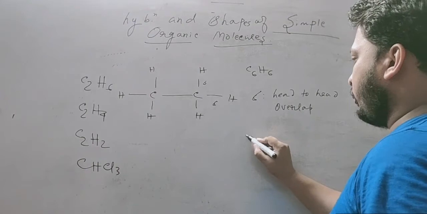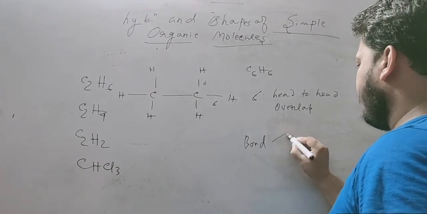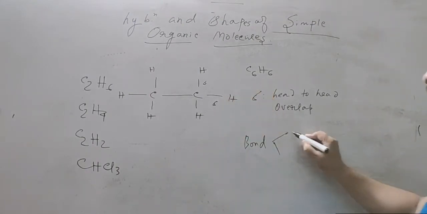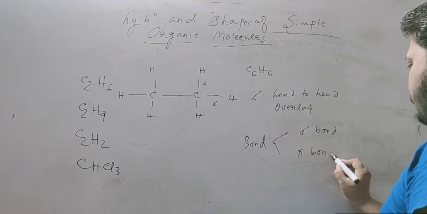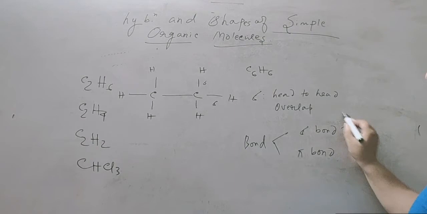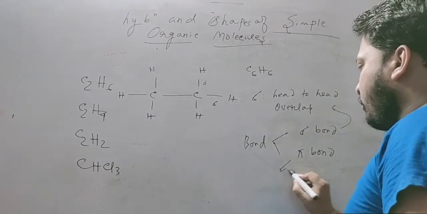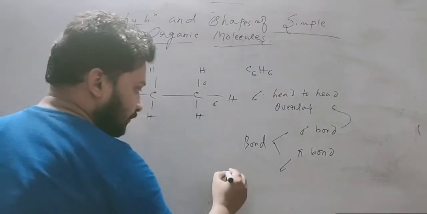There are two types of bond. Bond is classified into two groups: sigma bond and pi bond. What is sigma bond? That is a head to head overlap. And what is pi bond? This is side by side overlap.